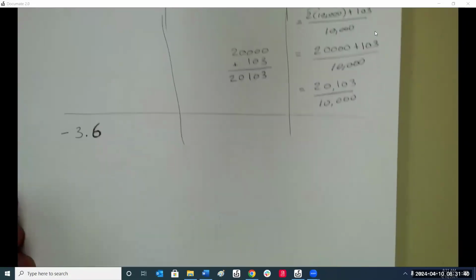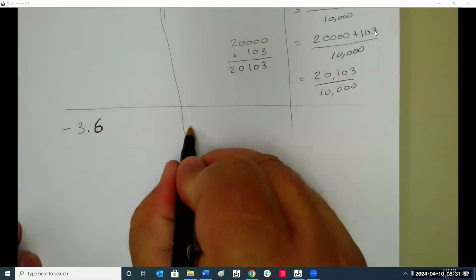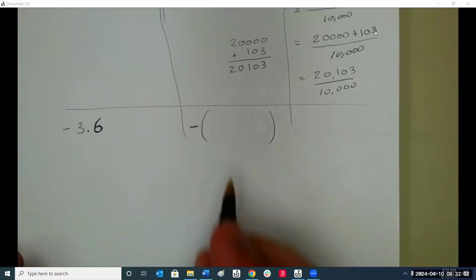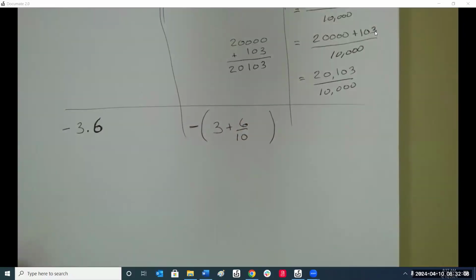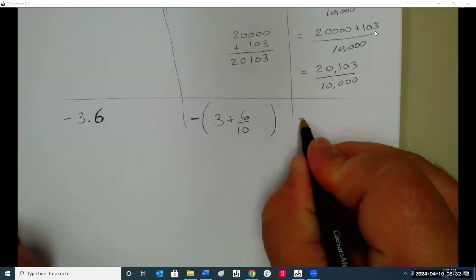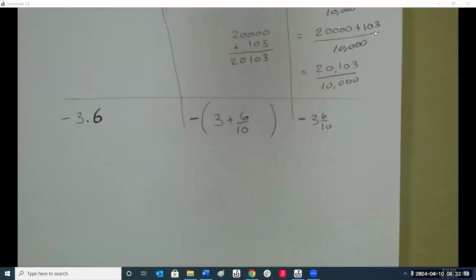How about a negative number? The negative doesn't matter. Just take the negative outside. So we have 3 plus 6 over 10. The negative is out in front. I add those two and I get 3 6/10.